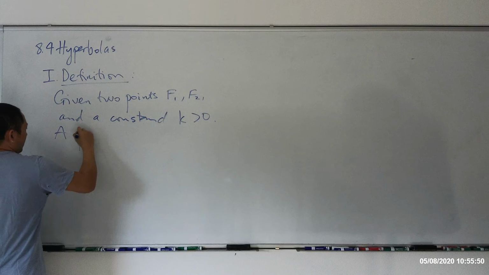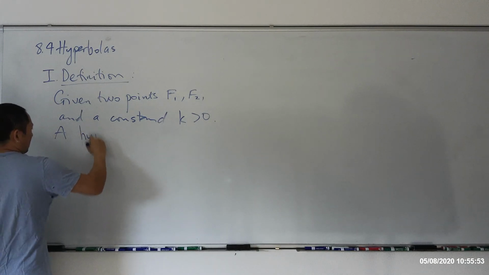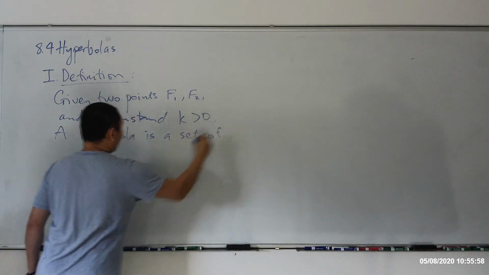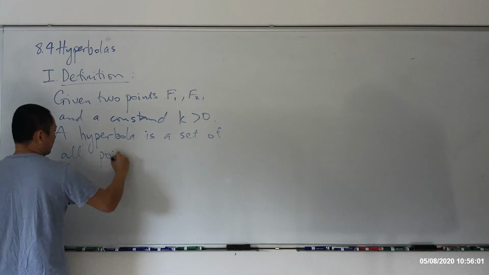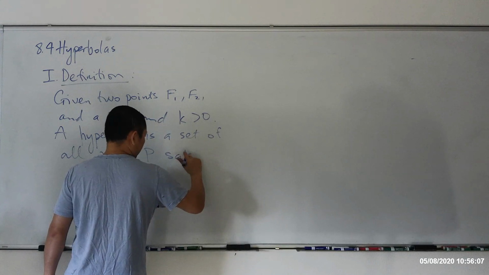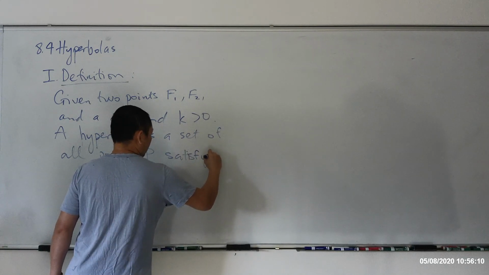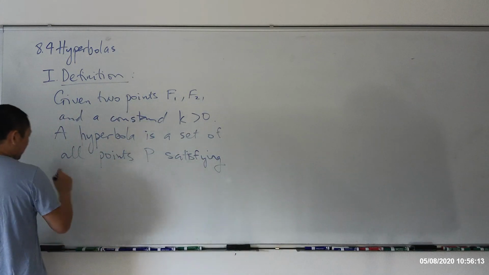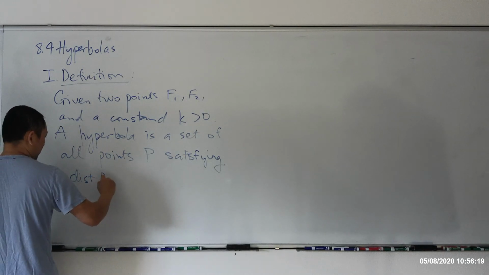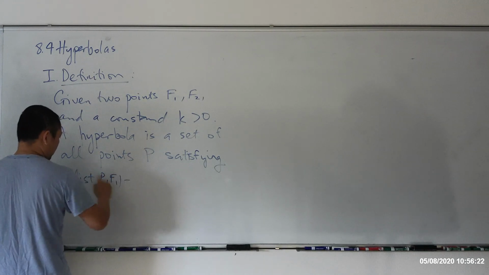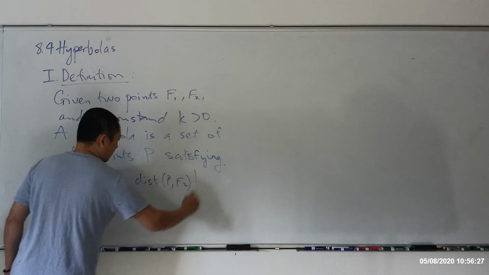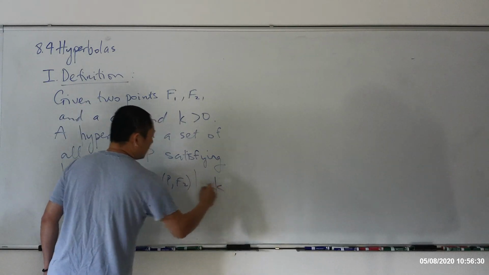A hyperbola is a set of all points P satisfying the distance from P to F1 minus the distance from P to F2, absolute value, is equal to a constant K.